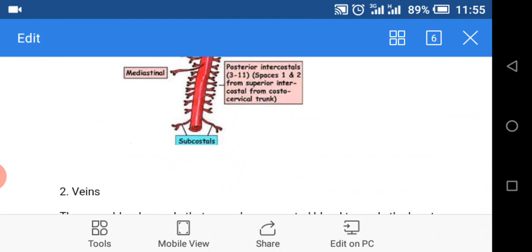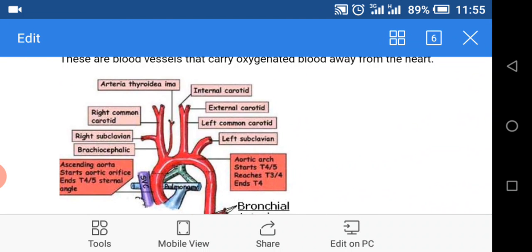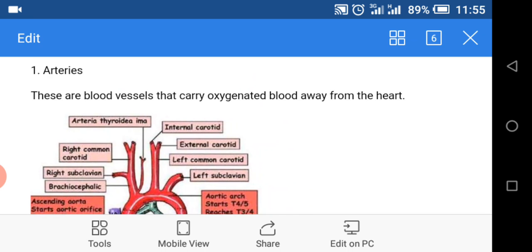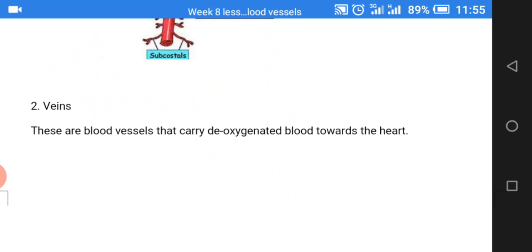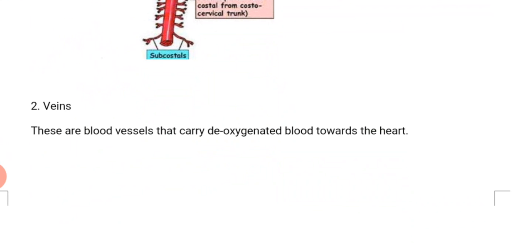The artery carries oxygenated blood away from the heart, while veins carry the deoxygenated blood towards the heart. You can see, artery carries the blood with oxygen away from the heart to the body, while veins carry the blood without oxygen back to the heart.